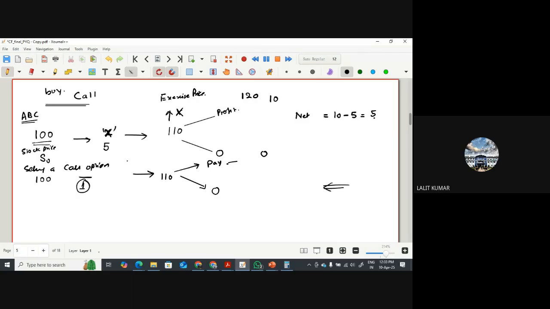So for example, one person has purchased for rupees 5. So I get 5 rupees here. And if it is less than 110, I don't pay anything. So my profit is 5 rupees. If it has gone to, for example, 120, then I pay 10 rupees and then my net profit is how much? -5. Okay. So this is about call.